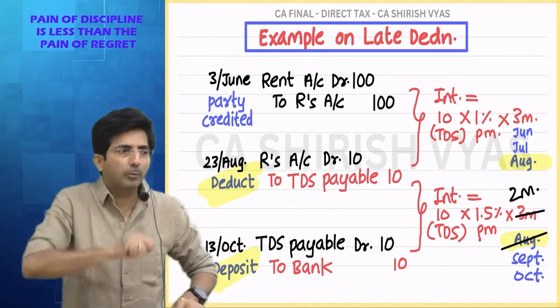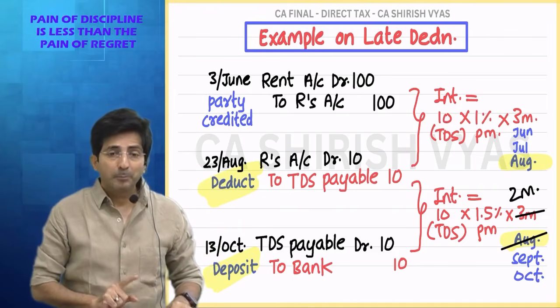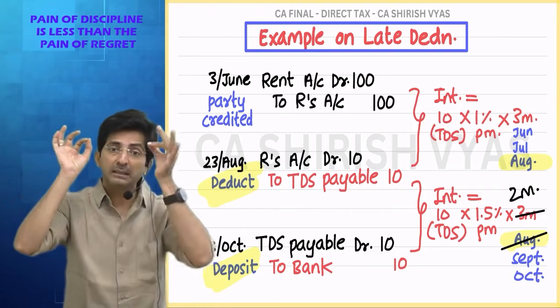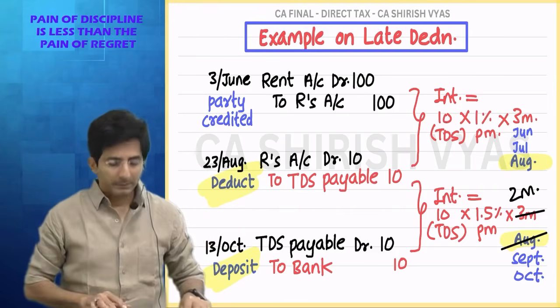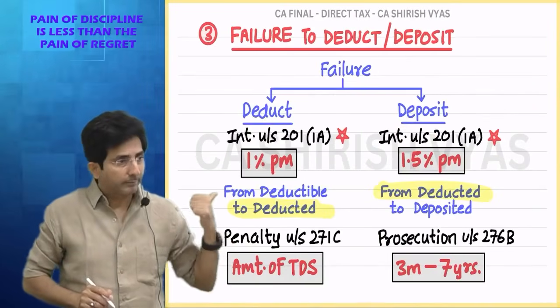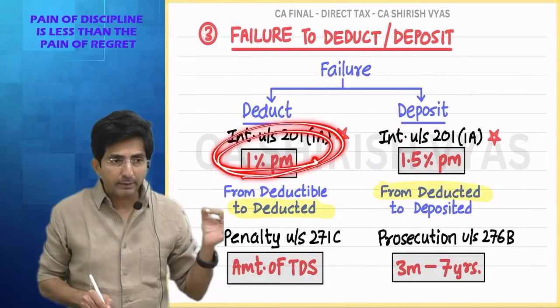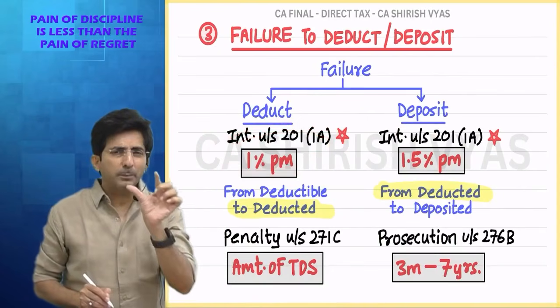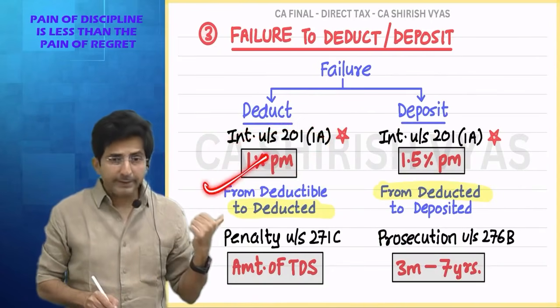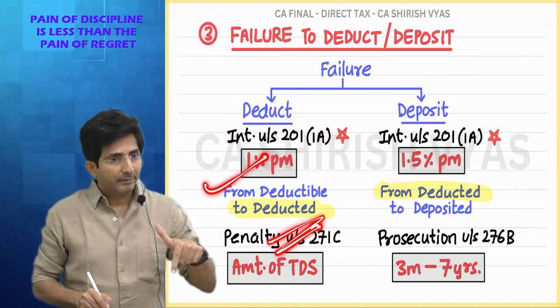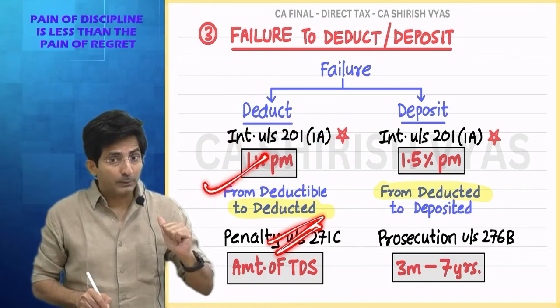But why is this problem happening? The problem is not of ICAI or someone. The problem is in the wordings of the law. See, what do the wordings of the law say? Read this. For 1%, what is the wording? Tell me the wording for the period. Date when deductible up to the date when deducted. And part of the month is full month.